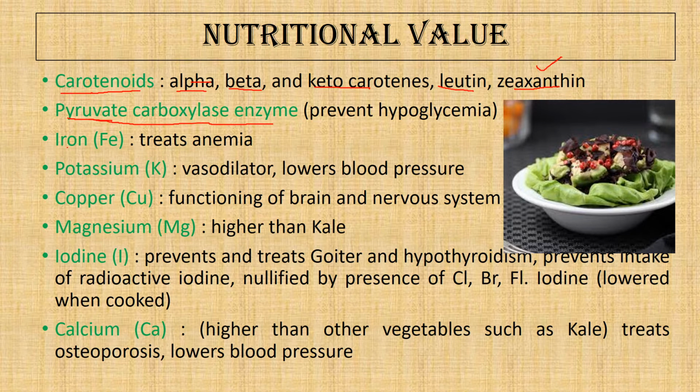Dulse has also got a wide variety of mineral nutrients. For example, iron, we know it is very important because it treats the blood disorder anemia, which occurs due to deficiency of iron. We know that iron is a part of hemoglobin, so this dulse is very good in treating anemia. Another is potassium. We know that potassium is a very good vasodilator and it lowers the blood pressure in our body.